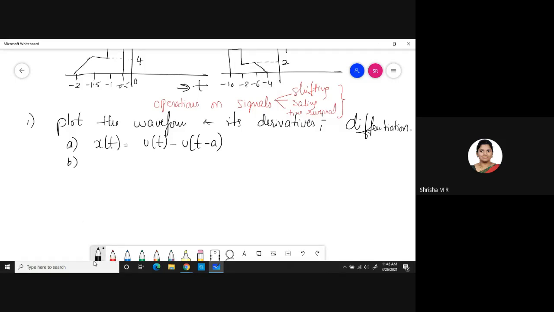So this is the first one. x of t is equal to u of t minus u of t minus a. You have to plot this waveform and do the differentiation of this and its derivatives. How to plot the derivative of x of t? What is the differentiation of unit step?